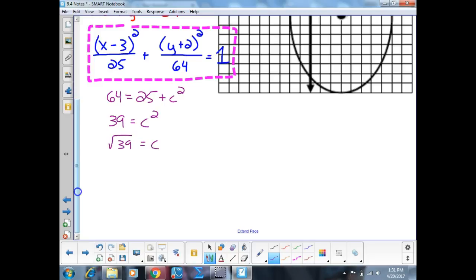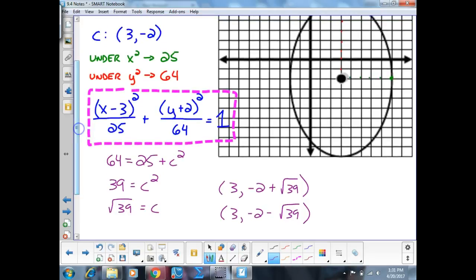So the 2 foci are located at 3, comma, negative 2 plus the square root of 39 and 3, comma, negative 2 minus the square root of 39 from the center. The 3 comma negative 2 is the center. Everything goes off of the center.